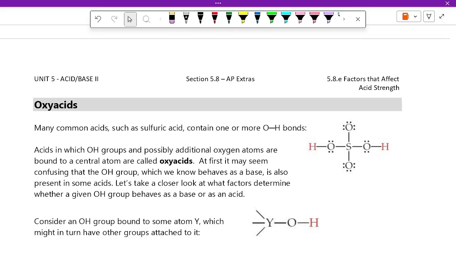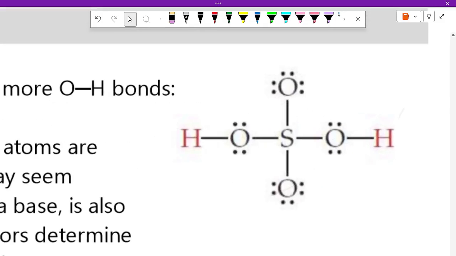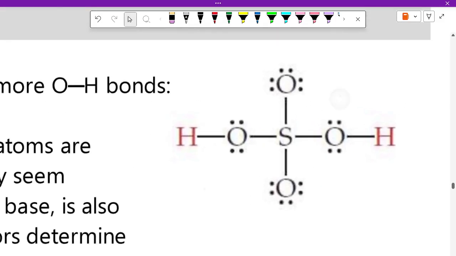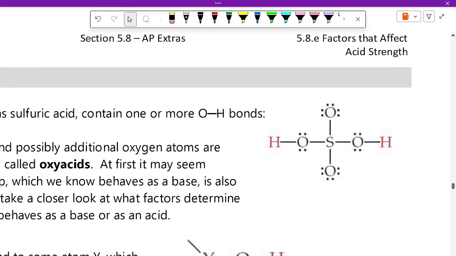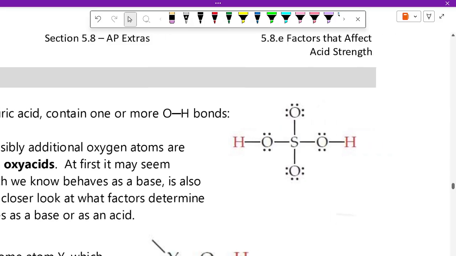Many common acids, such as sulfuric acid, contain one or more OH bonds. This is important to remember. In oxy acids, the hydrogens are attached to the oxygen.